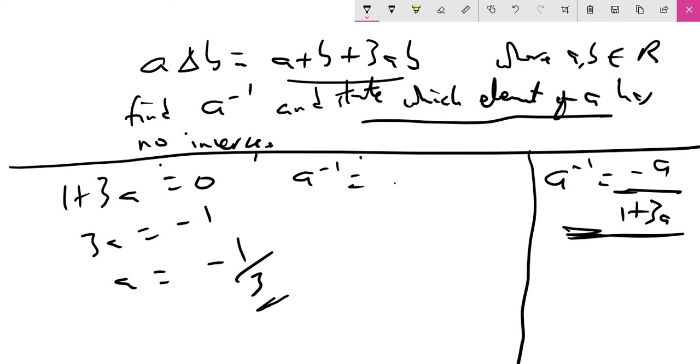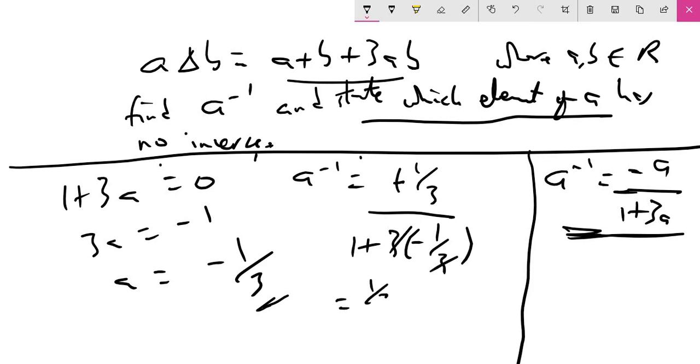A inverse is equal to minus A over 1 plus 3A, so minus of minus 1 over 3. Remember, when two minuses come, it becomes positive. Divided by 1 plus 3 times minus 1 over 3. This cancels this. So we have 1 divided by 3, all divided by 1 minus 1 which is 0. This is undefined.